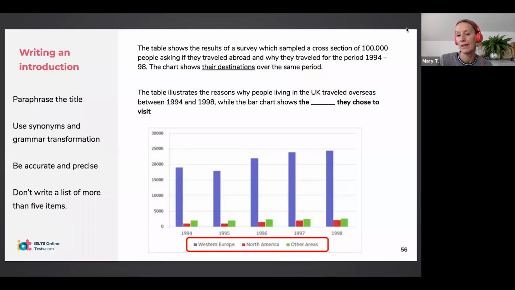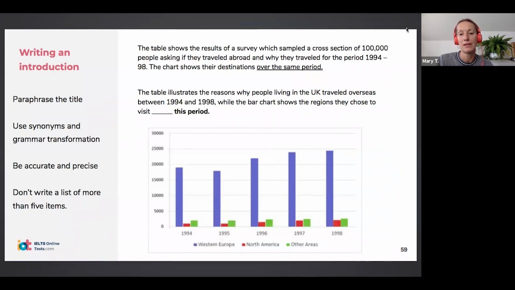The places or countries. Okay, different words, destination or regions we've chosen. Okay, but the ones you mentioned would make sense as well. So it shows the regions they chose to visit over the same period. So another word, during this period. Thank you, Sky. Good.